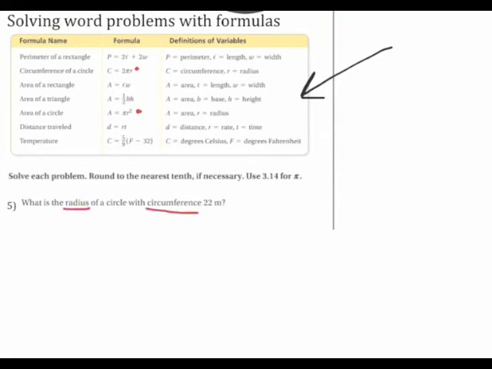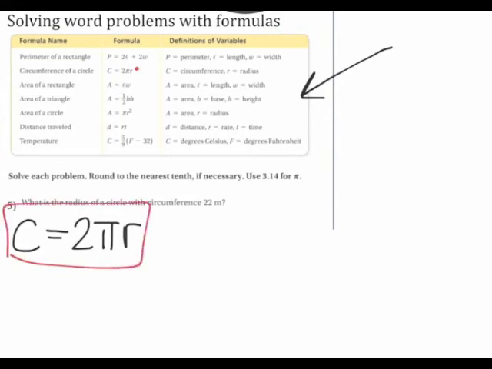So which of those two formulas having to deal with the circle has what we want and what we need? Well, it's the top one, of course. Okay, so write that formula down. C, or circumference, equals 2 times the number pi times the radius of the circle.